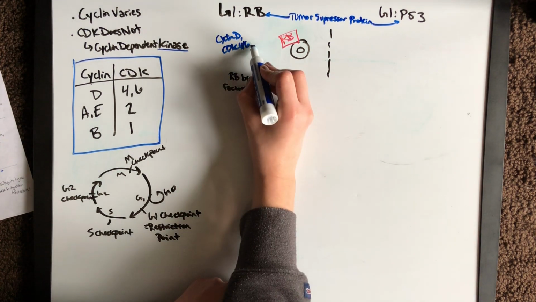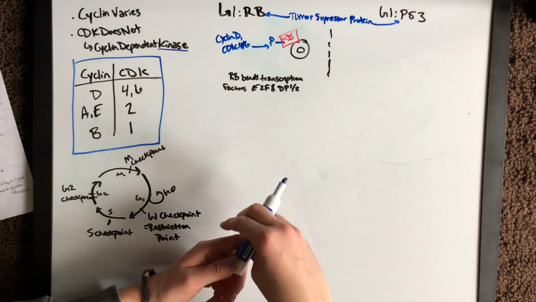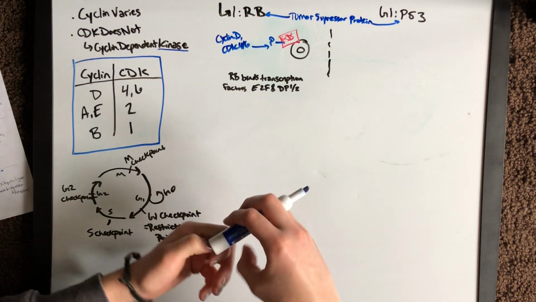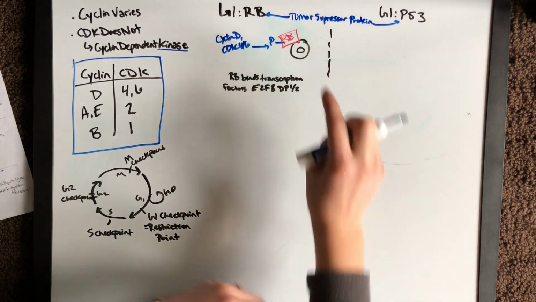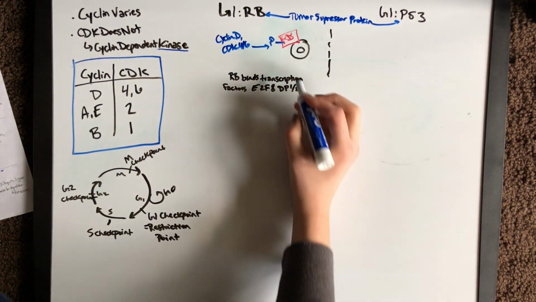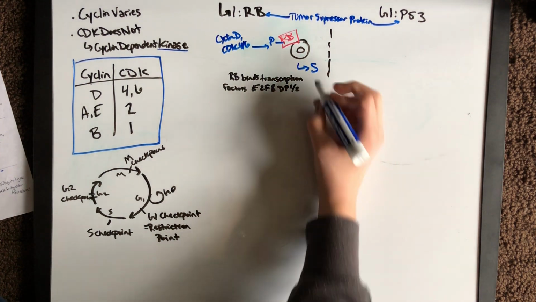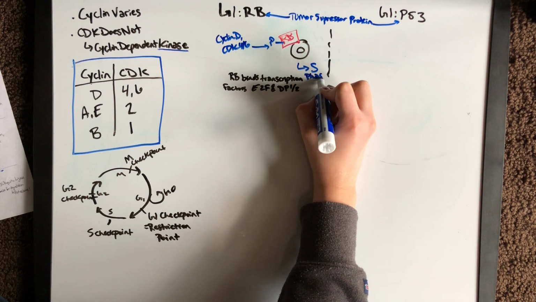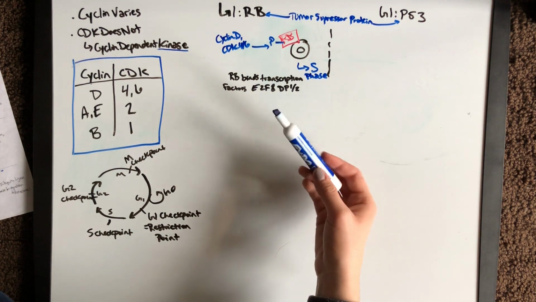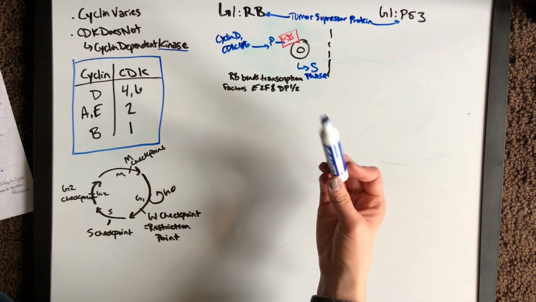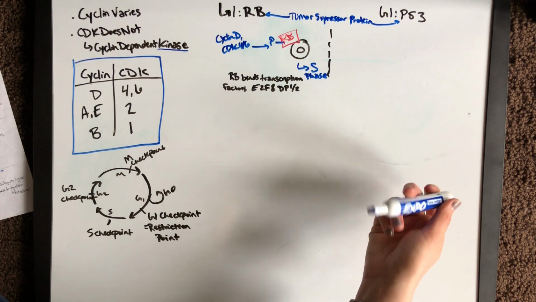So it's going to come in and add a phosphate to RB. It's going to hyperphosphorylate the RB, and that causes the RB protein to stop suppressing the cell, so that the cell is able to go into S phase. And we can continue the cell cycle. So the cyclin-CDK complex helps the cell continue on in the cell cycle.